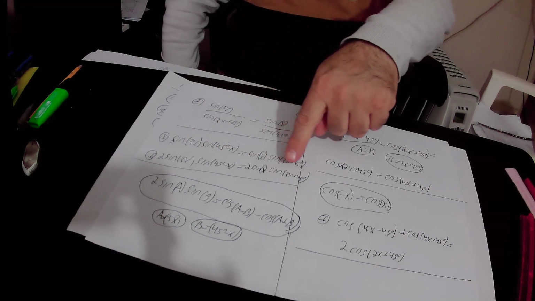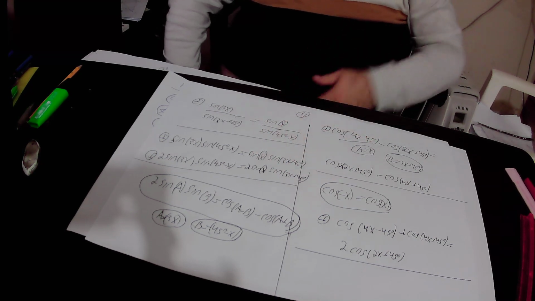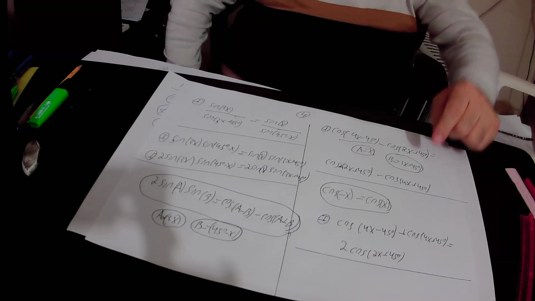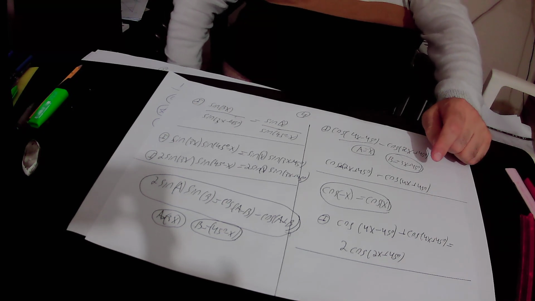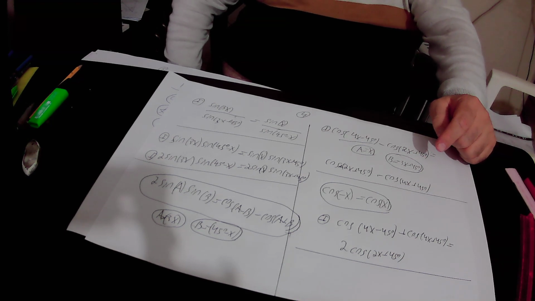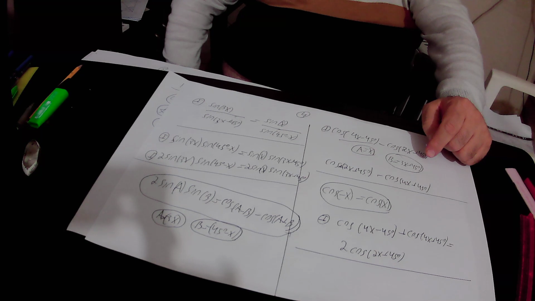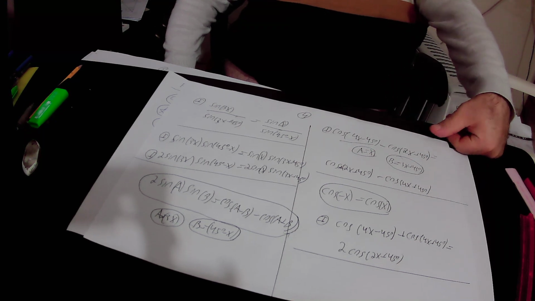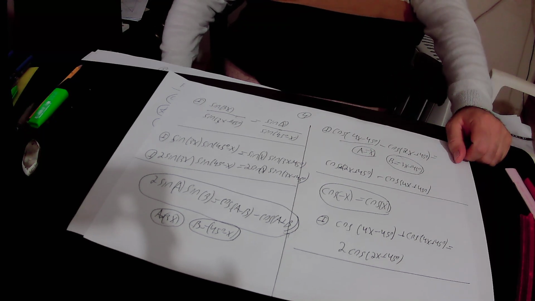Then we treated this side. Here we have 2 sine x, sine 3x plus 45 degrees. Here actually a equals to x and b equals to 3x plus 45 degrees. So we get that 2 sine a sine b equals to cosine a minus b. So a is x and b is 3x plus 45 degrees.